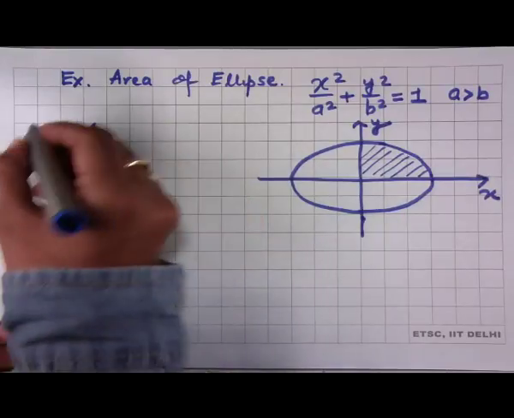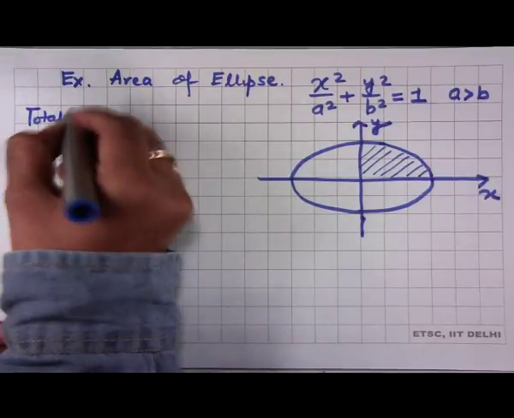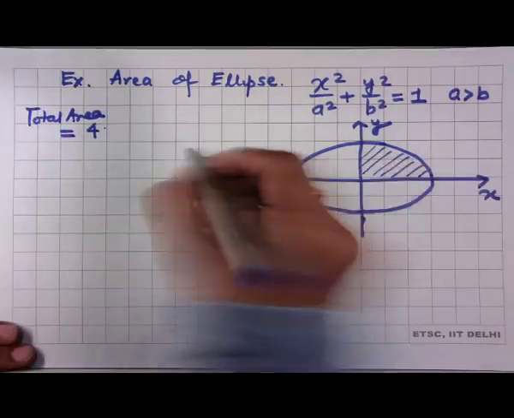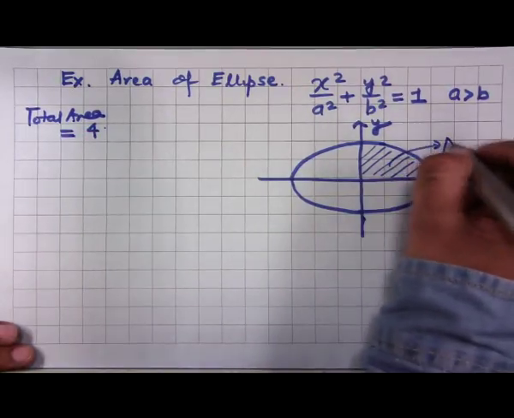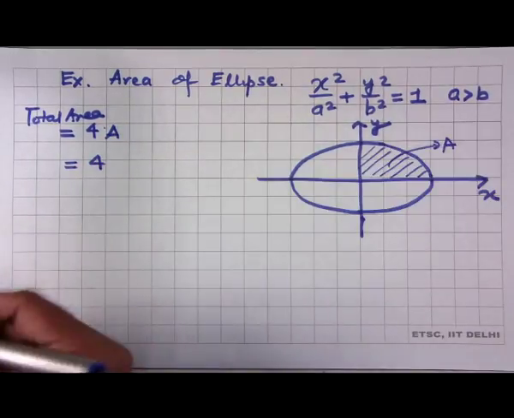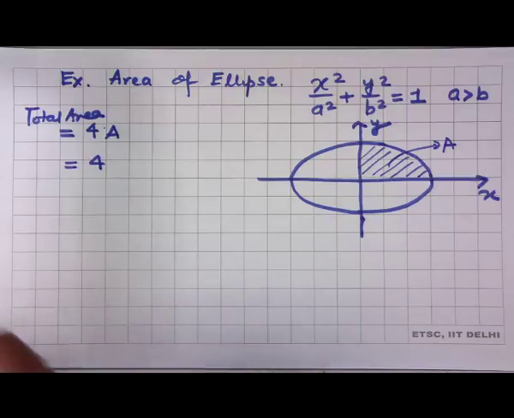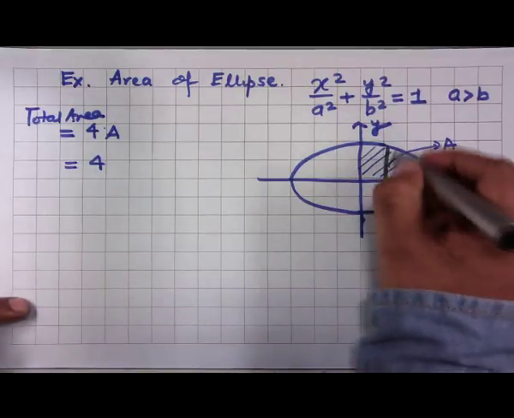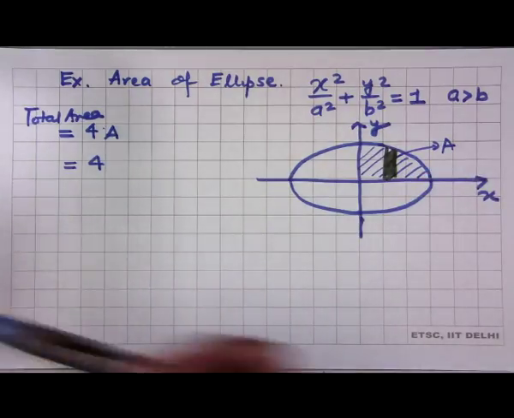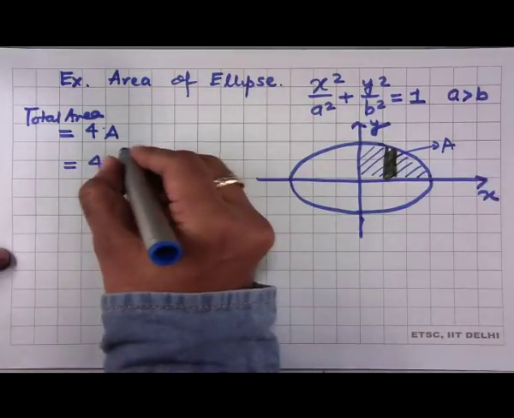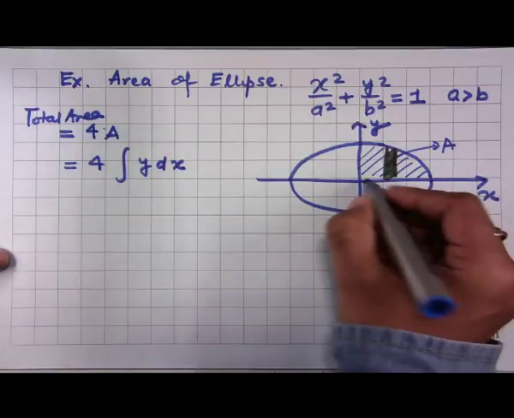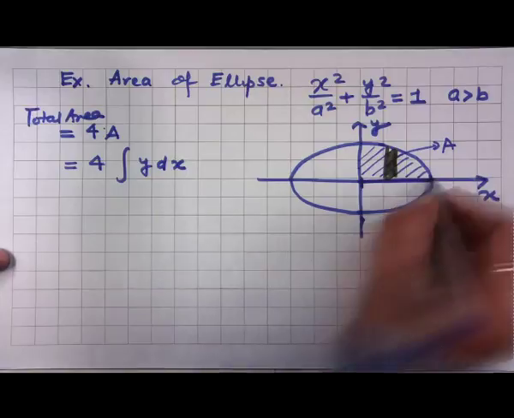So total area is 4 times this area A, and this area A, if you use vertical strip, will again be given by y dx, where x will take values from here to here.